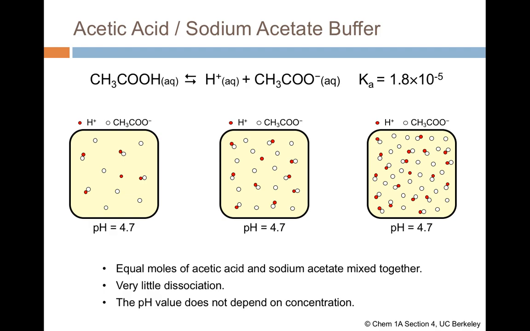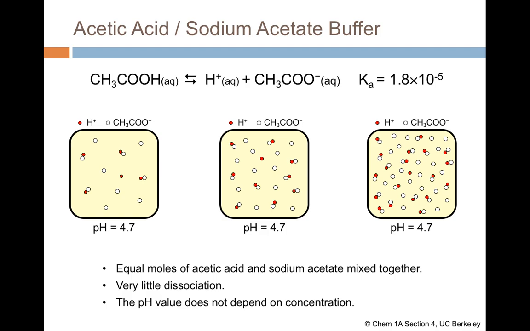So here we have three different solutions of acetic acid where I don't just have the acetic acid, I've then also added an equal molar amount of sodium acetate. The acetate anion in sodium acetate is the conjugate base of acetic acid, CH3COO-.